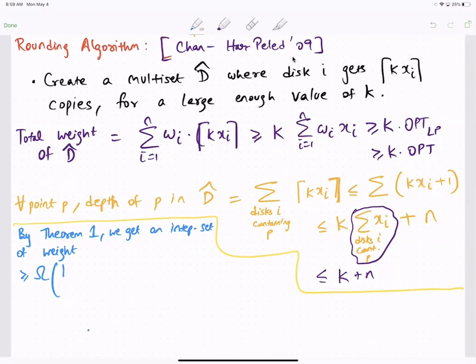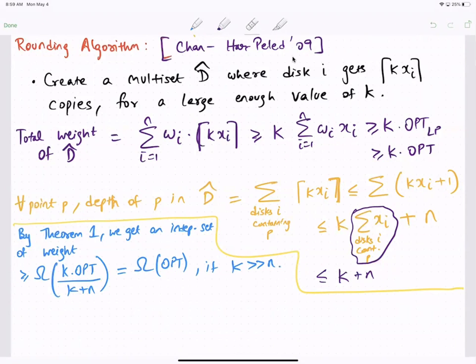Total weight was K times opt. And what was the max depth? We said the depth was always bounded by K by N. And now the claim is that this will be at least opt if you choose a sufficiently large value of N. So then the numerator and the denominator kind of absorb each other. Yeah, and we're done, right?